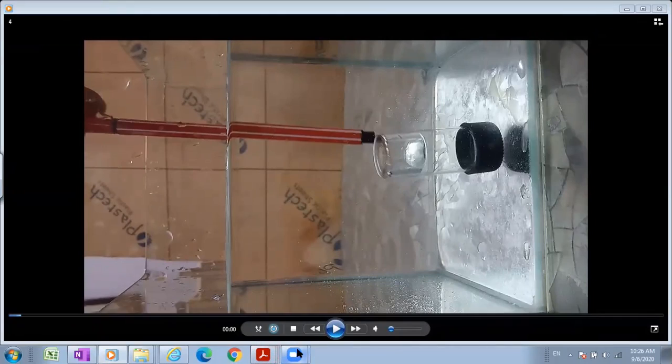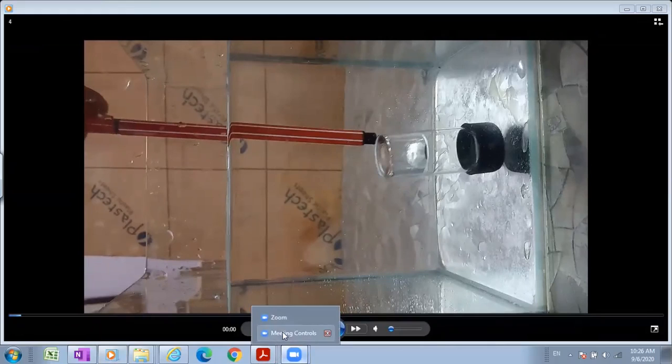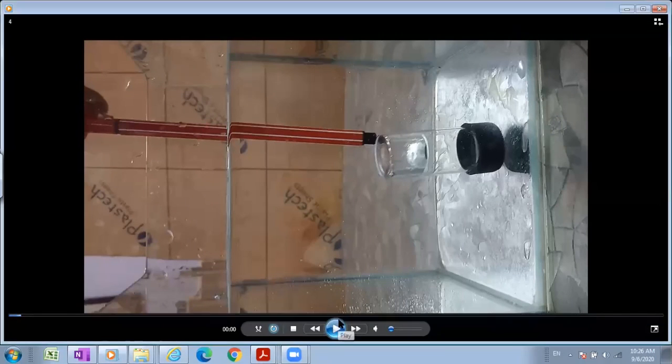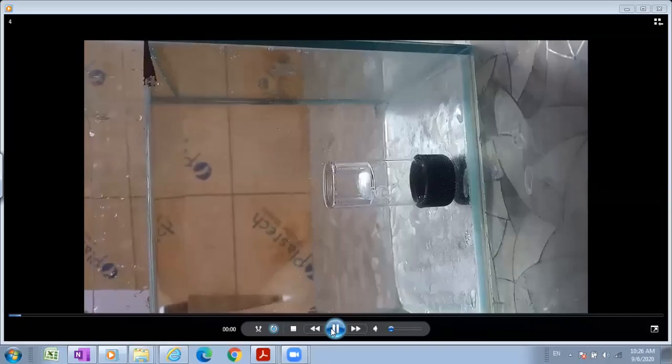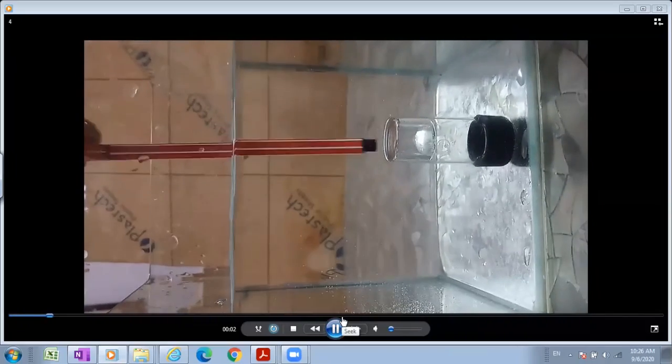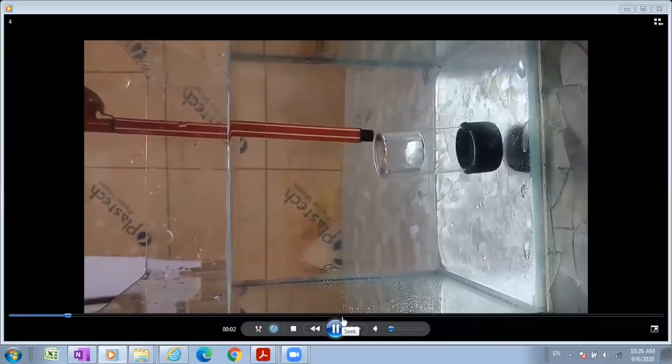Any doubts to anyone? Again, wait for a second. This is another which will clarify your concepts. Now this is a body which is again submerged.